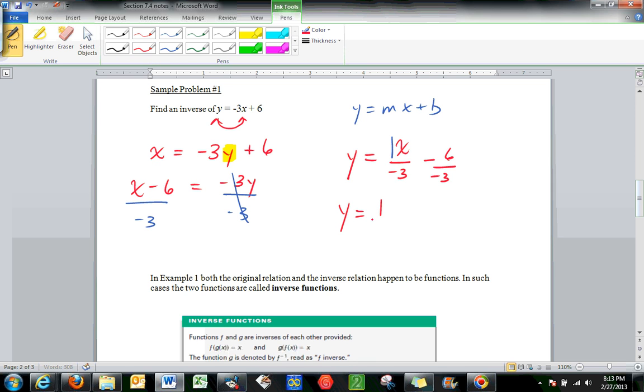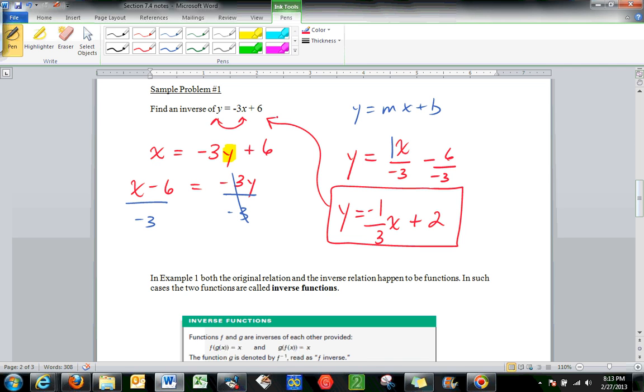So this is going to be a -1/3 x plus 2. And so this linear function is the inverse of the original function.